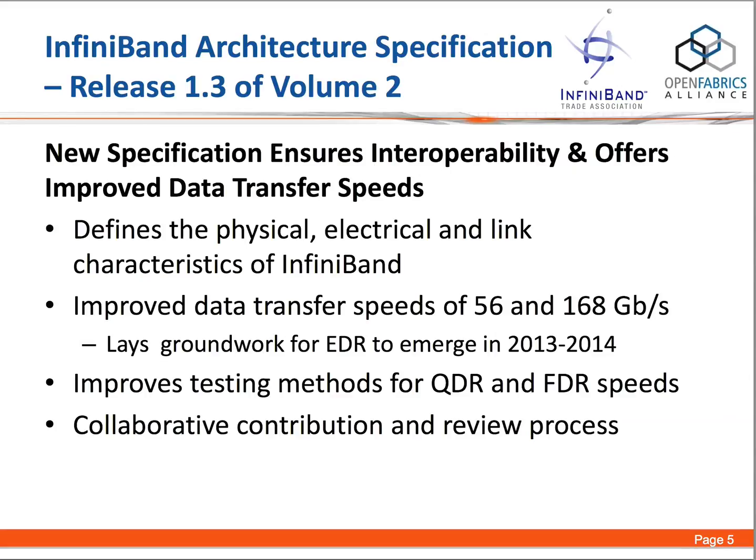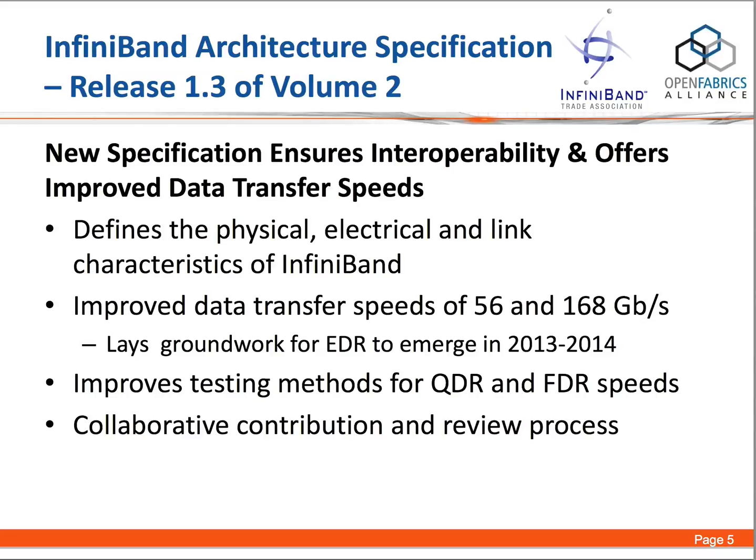The new release specifies improved speeds, now up to 56 gigabits per second for a typical server-to-server link, and 128 gigabits per second for aggregated links typically found between switches.